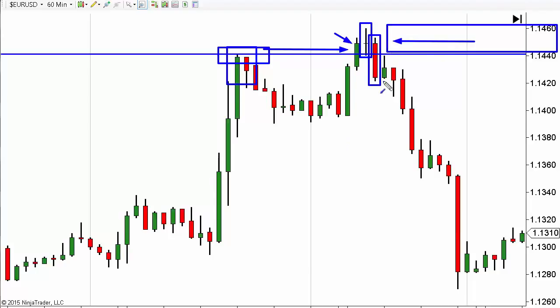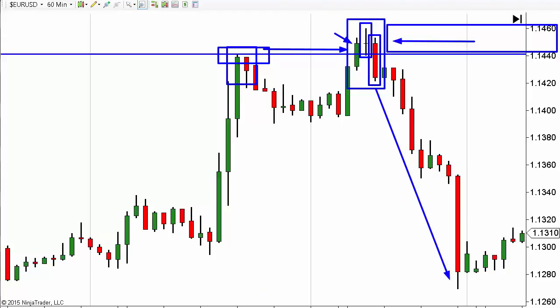This 3-bar candlestick pattern is your signal that these upper prices have been rejected, rejection of value, and we can expect the market to go down, which again, it does quite significantly.